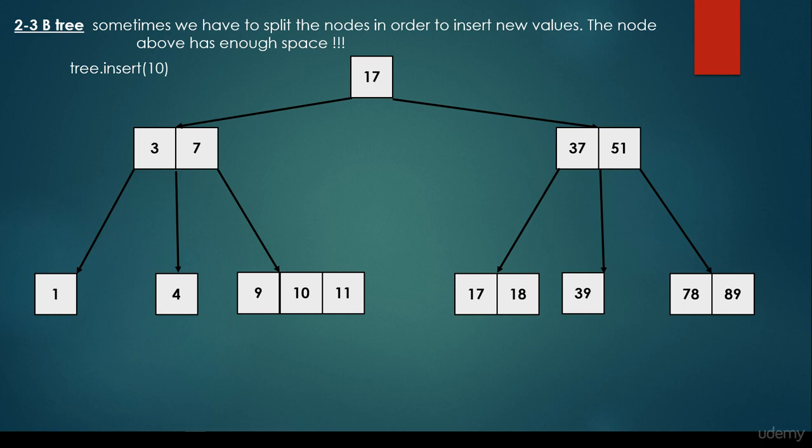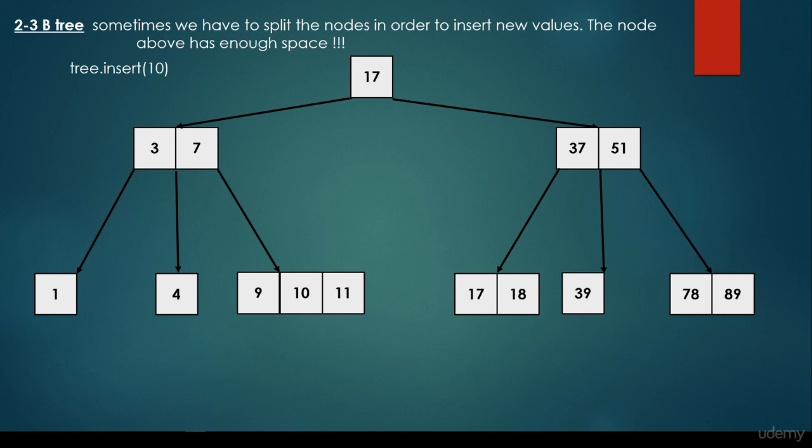So this is the right order, 9, 10, 11. It is forbidden to have the order, for example, 10, 9, 11. The nodes are absolutely sorted by the key values, whether they are strings, custom objects or integers. In this case, they are integers, so they are in numerical order.